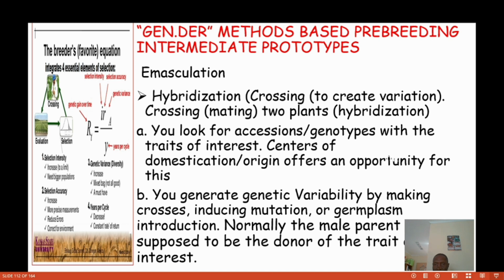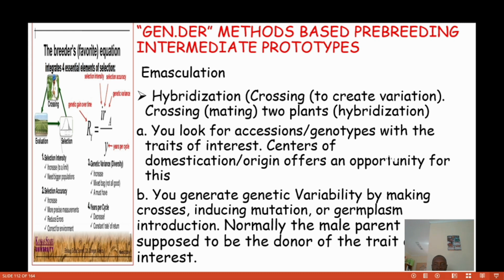So here, in most cases, what we want to remember, the message here, is normally the plant you have converted, or the parent you have converted to be a male parent, is supposed to be the donor of the trait of interest. Remember that.